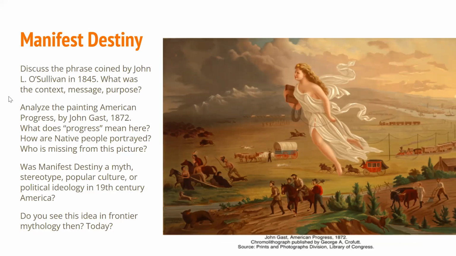Okay, anyone? What's this painting saying? What's the message? Go ahead. There are several technologies that they are bringing across the West, such as the train, the steamboat, the covered wagon, plowing.